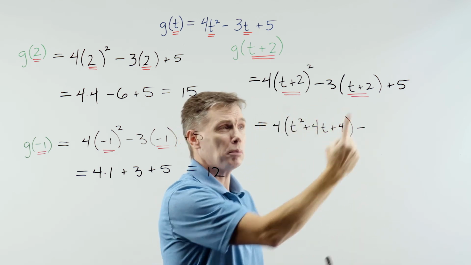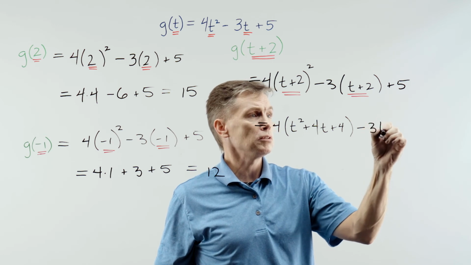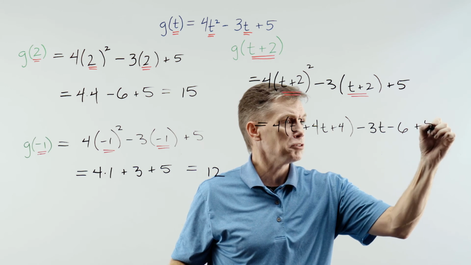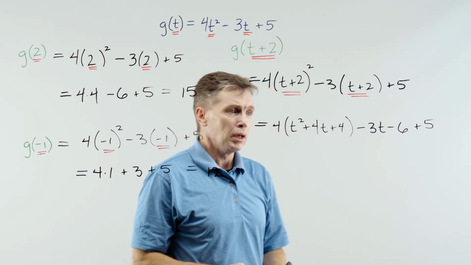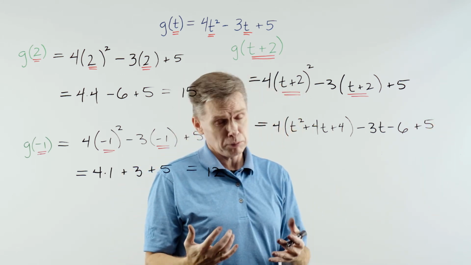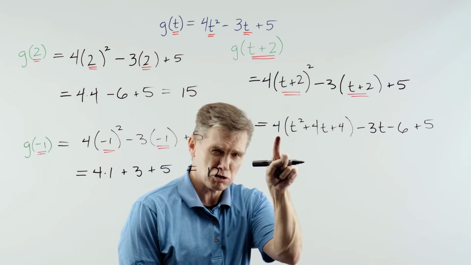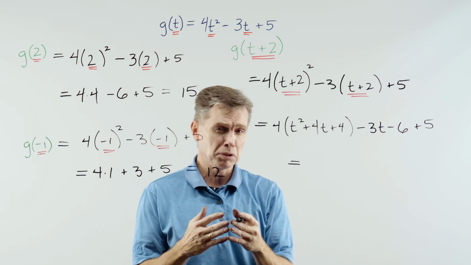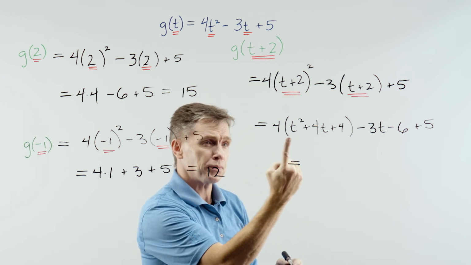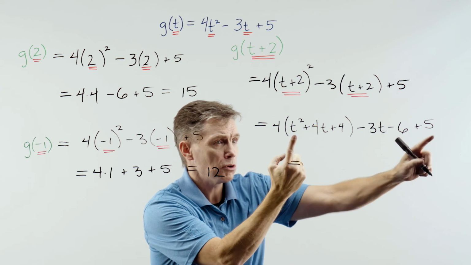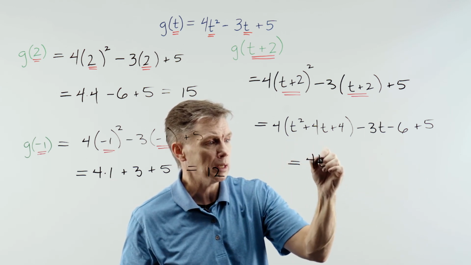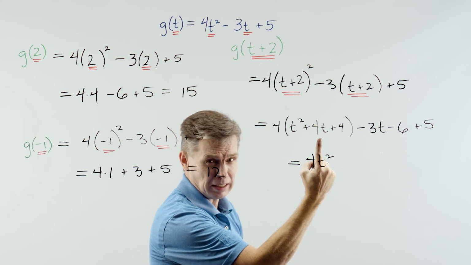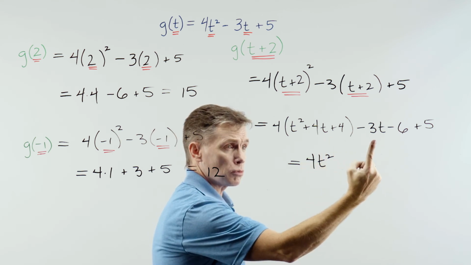Let's do a distributive property. So minus 3t minus 6. And then plus 5 is still tagging along. I'm still going to try to continue to clean up, do a little bit more algebra. Here's another distributive property. As I do this one, let me see if I can combine some like terms as I go. 4 times t squared, and there are no other t squareds, so nothing to combine. 4 times 4t is 16t, but there's a minus 3t.